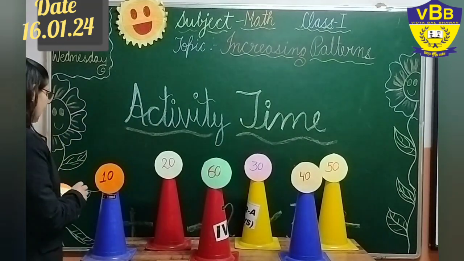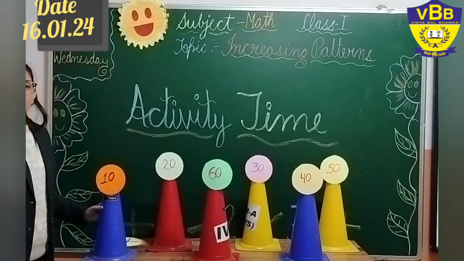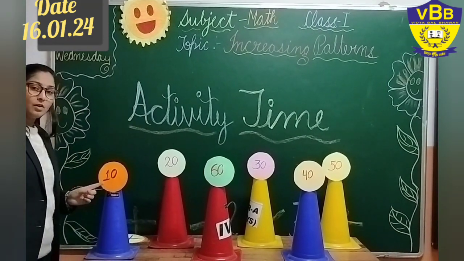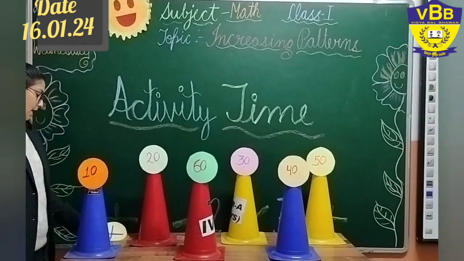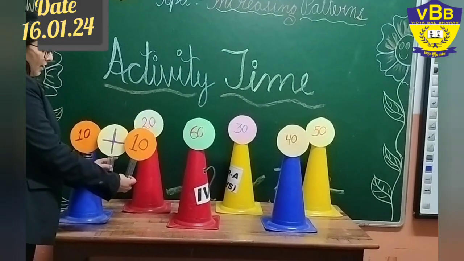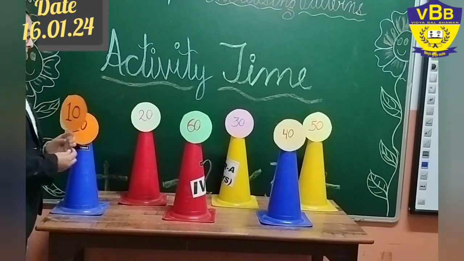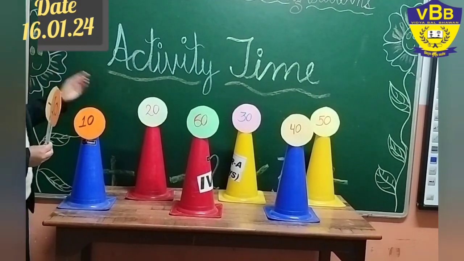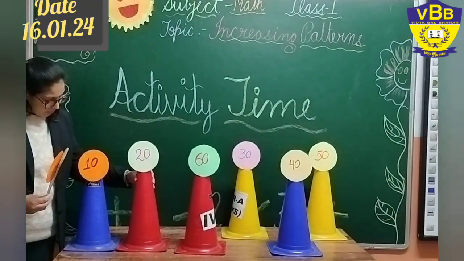The first cone is 10. You can see here, what is the first number? 10. And when we add 10 in 10, it will be 20.